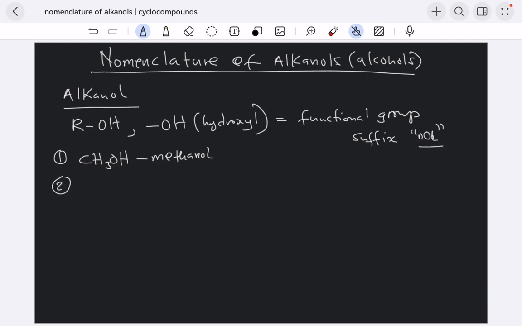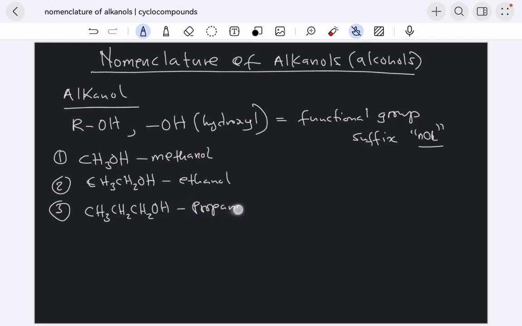So we have methanol, we have CH3CH2OH, which is ethanol. We have CH3CH2CH2OH, which is propanol.